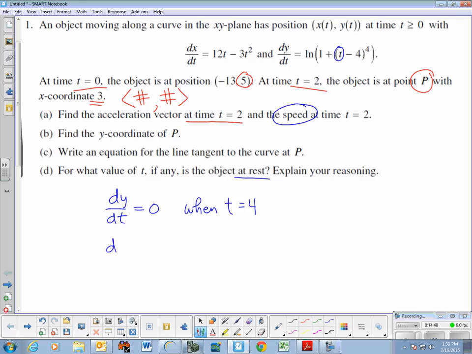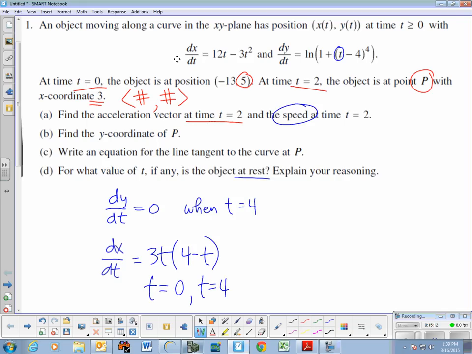dx dt equals 0. Again, I could type that into my calculator, or I could do it a little easier. These things have 3t in common. If I factor dx dt, I'm left with 4 minus t. That would be 12t minus 3t squared. Yeah, this is 0 when t equals 0 and when t equals 4.